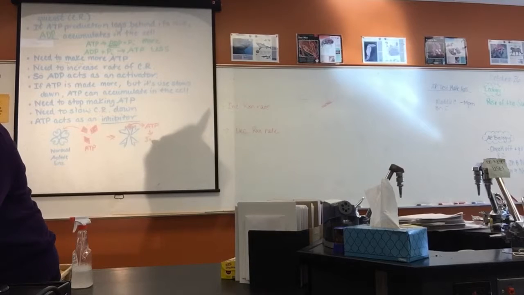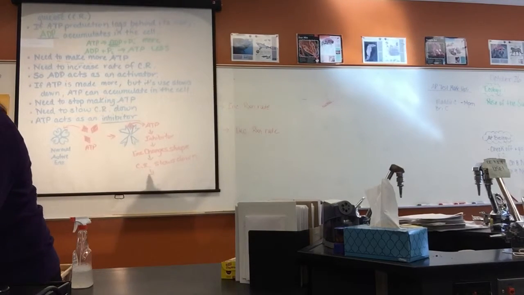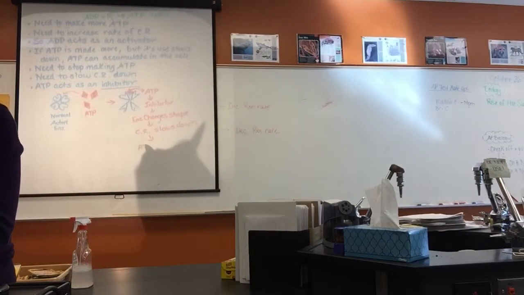ATP is an inhibitor, the shape changes. The enzyme changes shape, which means that cellular respiration slows down. Which means that what happens to the production of ATP? ATP production decreases.